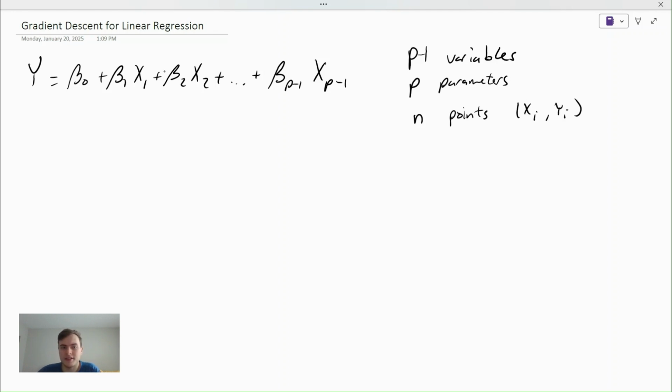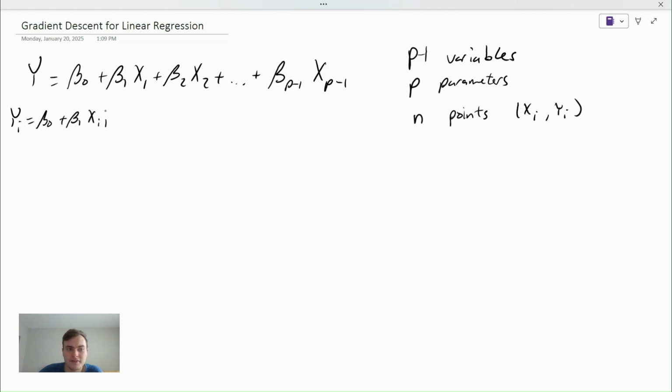So we have multiple different x variables. So xi is a row containing all of those variables, right? And we're saying a specific row is labeled i, right? So we can say yi equals beta 0 plus beta 1 xi1.